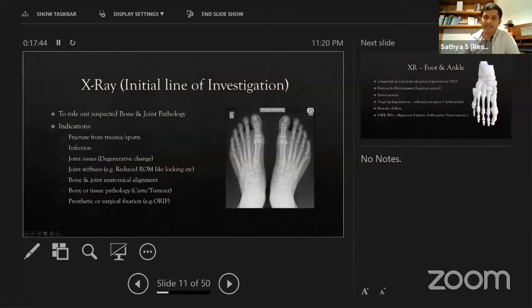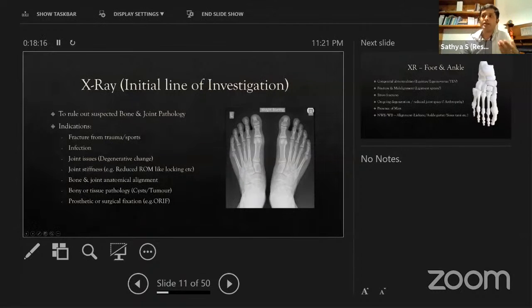Most of the time, the indications are fracture, infections, joint issues, any joint problems like degeneration, or if there is joint osteophyte formation, you want to rule it out. Any stiffness related to range of motion, if there is a locking, is there any presence of a foreign body, you have to rule it out. So it is better to use the X-ray for that. Bone and joint anatomical alignment, you want to look at whether there is a collapse happening, especially on weight bearing X-rays.